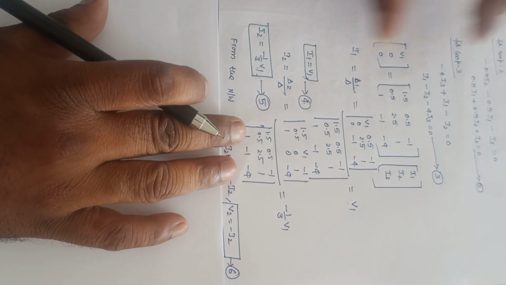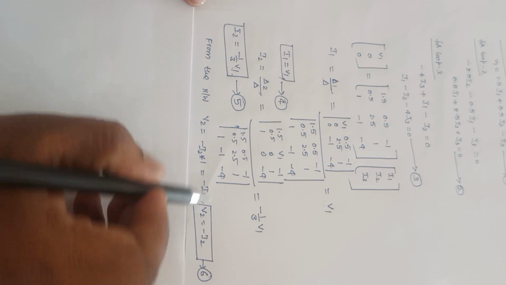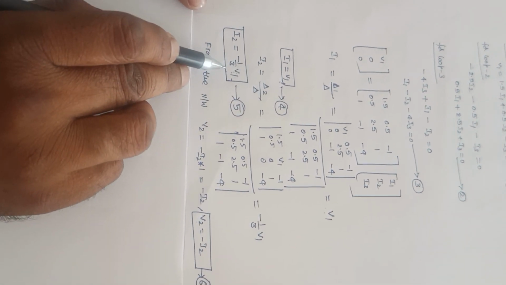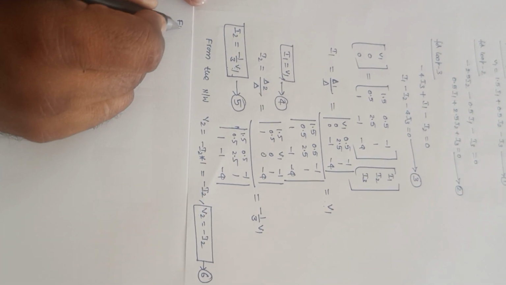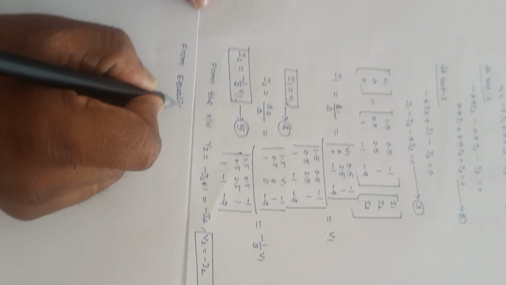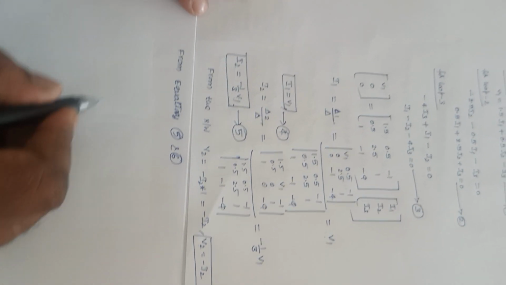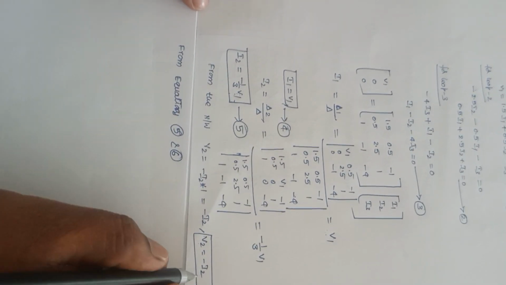What I need to find, first, is V2 by V1. To find V2 by V1, from equations 5 and 6, divide these equations.